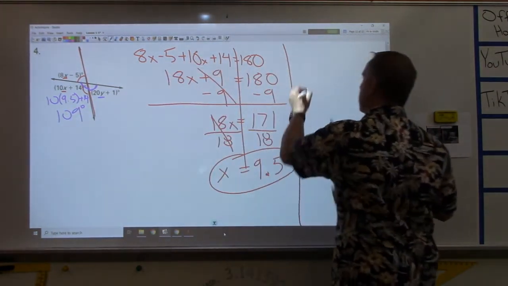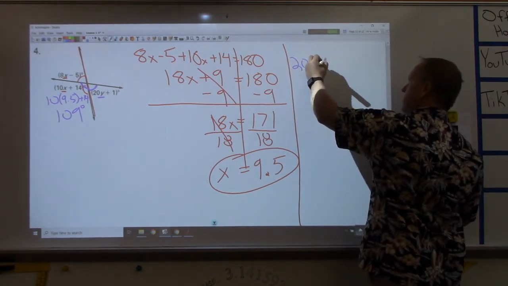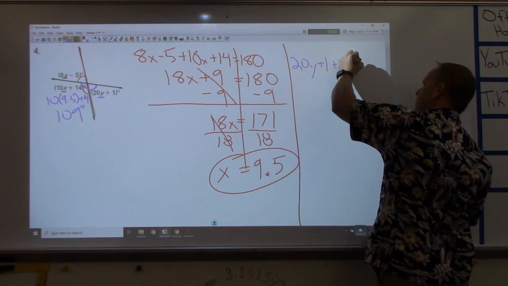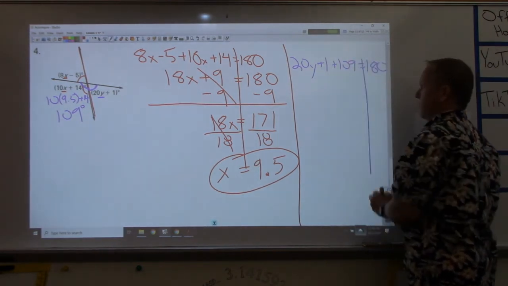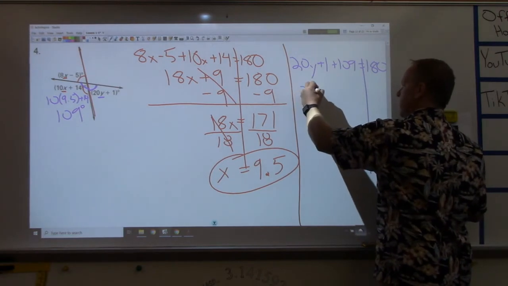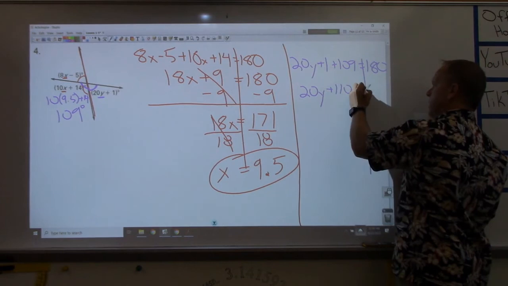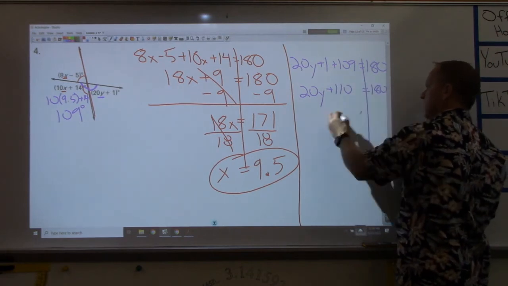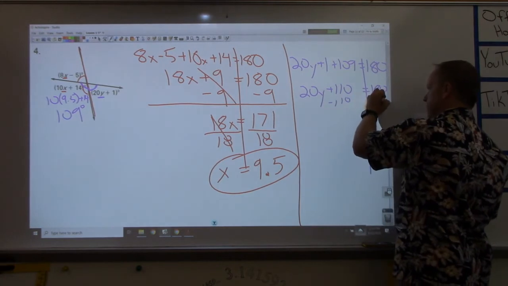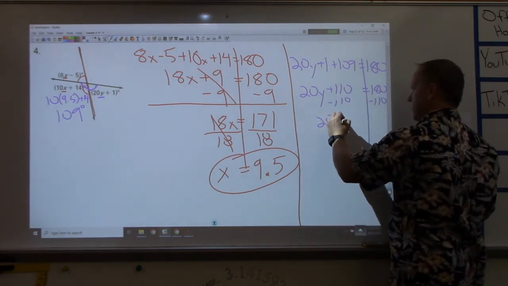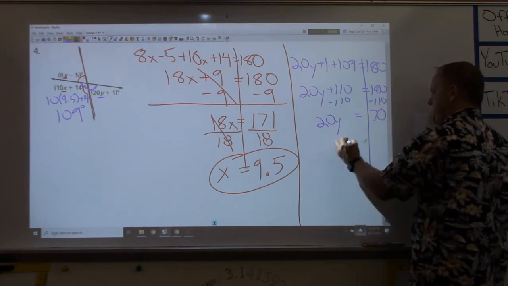So now I know that 20y plus 1 plus 109 should give me 180 as well. Algebra. 20y plus 110 equals 180. Subtract 110. 180 minus 110 is 70.